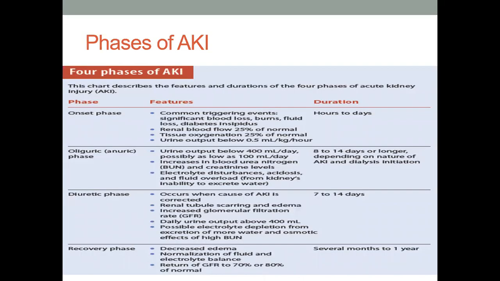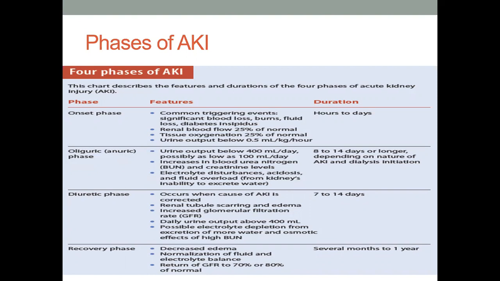All right, there are 4 phases of acute kidney injury. This chart was adopted from previous publications for which due acknowledgement has been given in the reference section. So we have 4 phases. We have the onset phase, which lasts between hours to days.